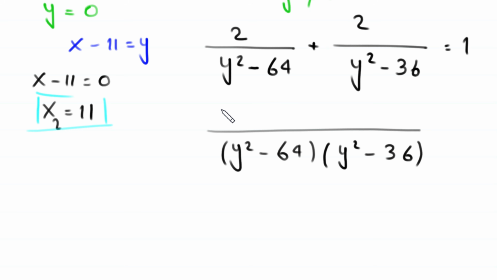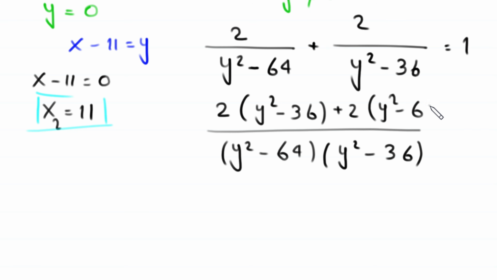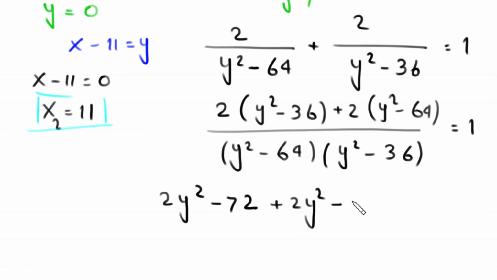So this numerator will become 2 times y squared minus 36 plus 2 times y squared minus 64 equal to 1. 2 times y squared, 2y squared, and 2 times negative 36, negative 72. 2 times y squared, 2y squared, and 2 times negative 64, negative 128, divided by this y squared times y squared, y to the power 4.